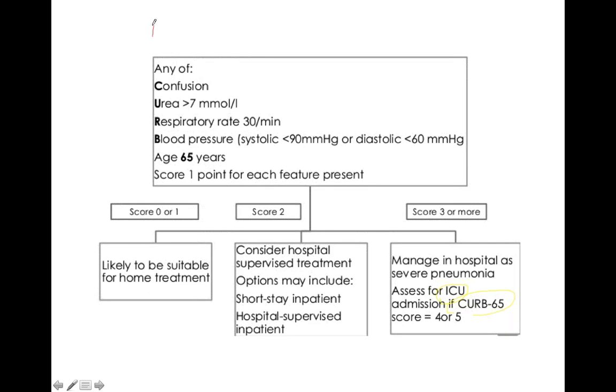So rusty sputum is pneumococcus, it's simple, and greenish pus is Pseudomonas. Clear? Any question up till now? Simple.